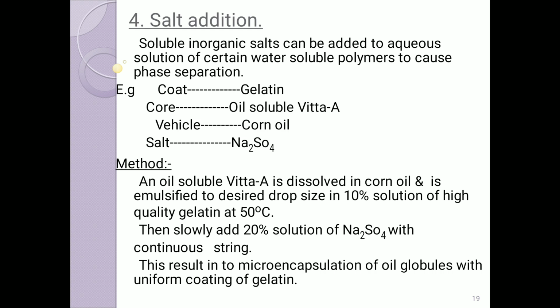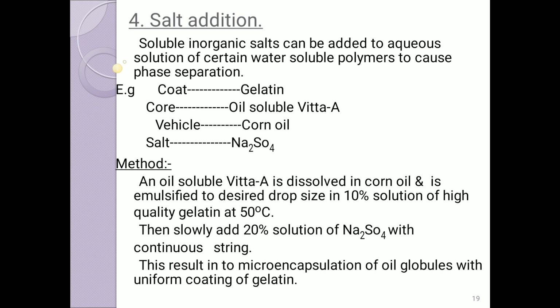Here gelatin is the water-soluble polymer. The coat is gelatin. The core, the drug, is oil-soluble vitamin A. The vehicle is corn oil, and the salt is Na2SO4.